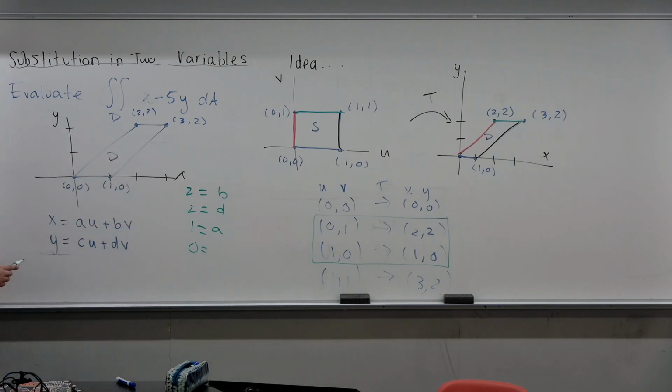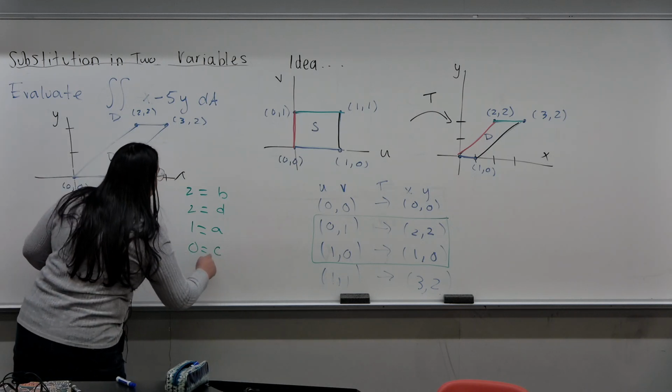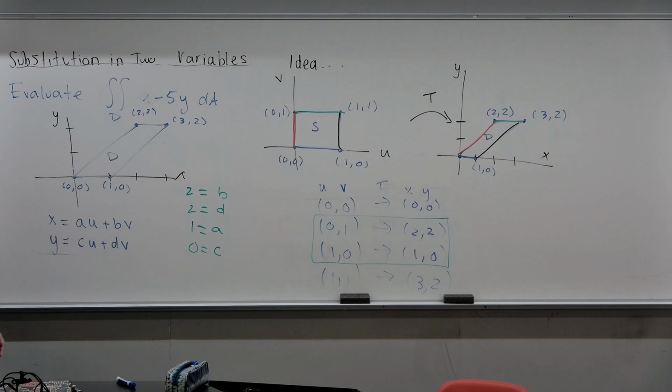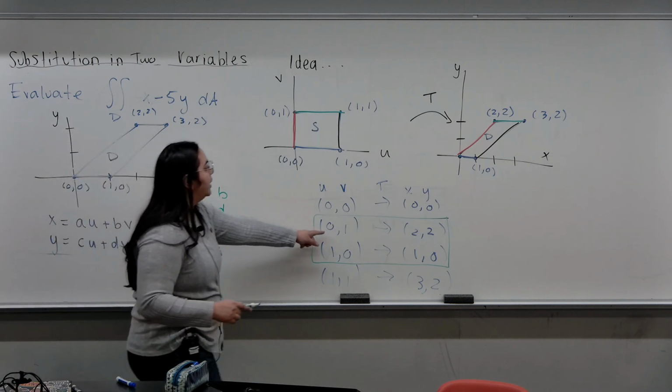And that comes from when u and v are 1 and 0 respectively. So when y is 0, that equals c times 1 plus d times 0. So we immediately get from that equation that c equals 0. So those are the 4 unknowns that we just solved for using the information from those two vertices and what they got mapped to.